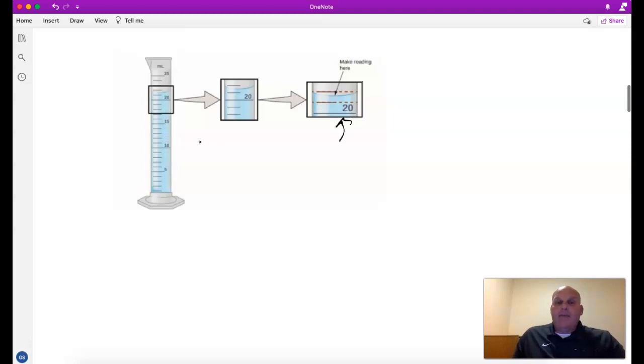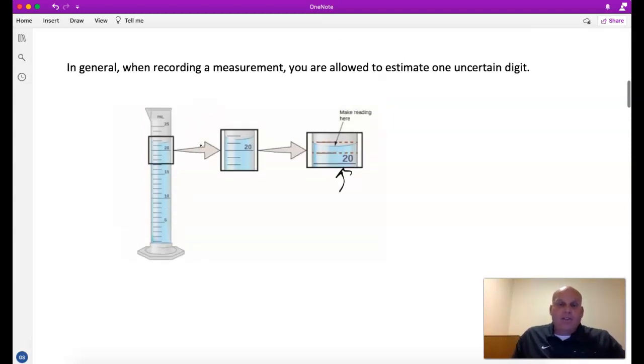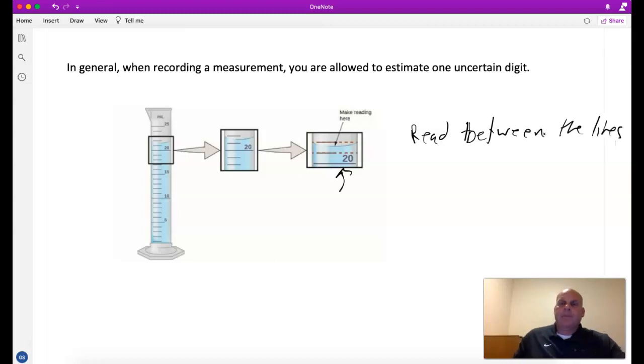The rules allow me to estimate one uncertain digit. So I need to, in my mind, think about the amount of space between the ones places, and I like to say we are allowed to read between the lines. A closer look over here, I know that this value is 20, this value is 21, this value is 22.